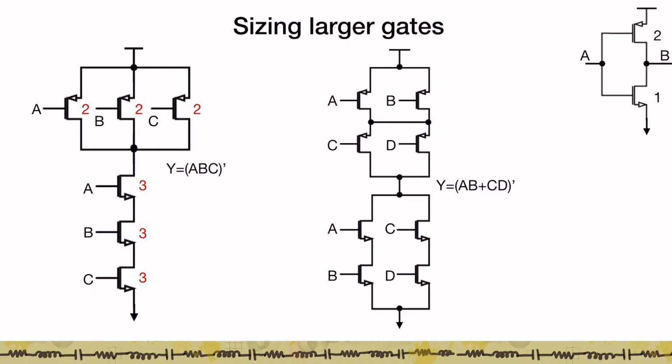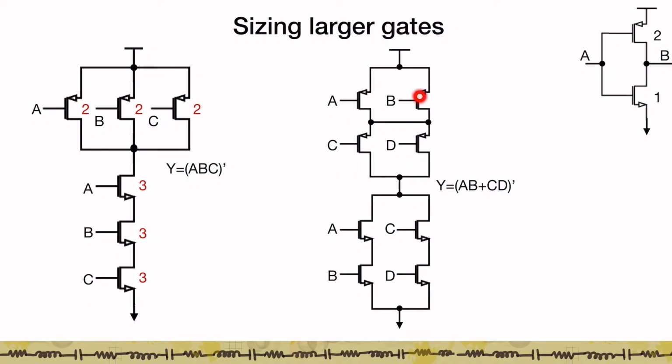When we look at pull-up, the pull-up again consists of C and D in parallel to A and B. So in the worst case of pull-up, the pull-up has to happen through 2 PMOS transistors connected in series. So the worst case pull-down is made up of 2 NMOSs connected in series.